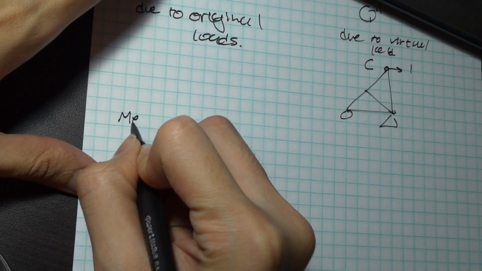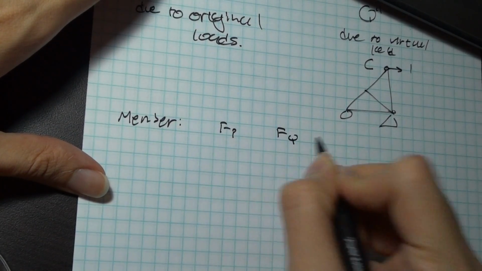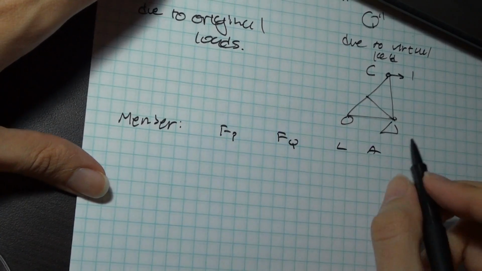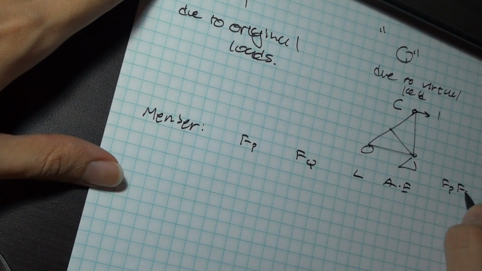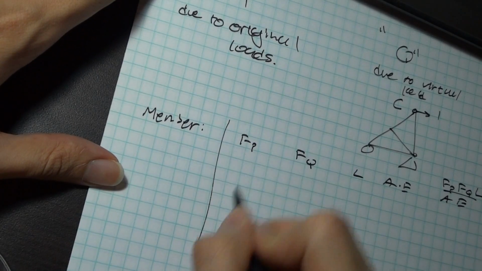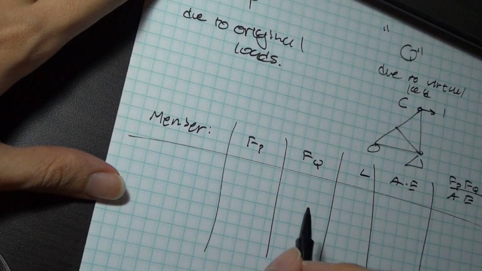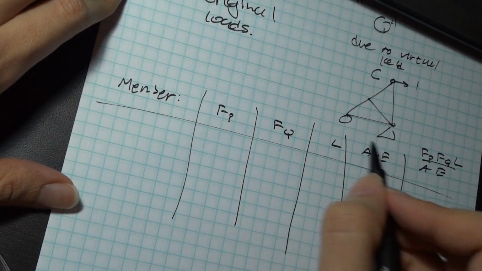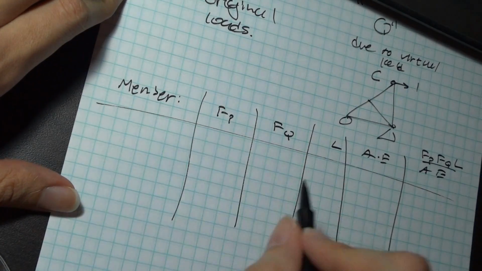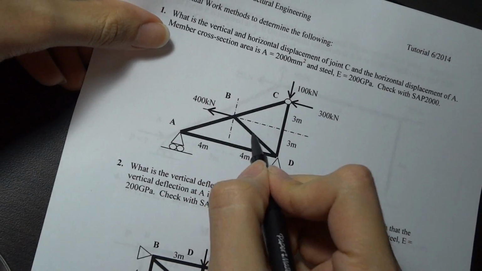I'll have member here, for example, and then I'll have my FP, my FQ, my L, my AE, and then I'll have it all together, FP, FQ times L on AE. All right, so I'll have some sort of table that looks like this. For example, in my problem 1, I have 1, 2, 3, 4, 5 members.